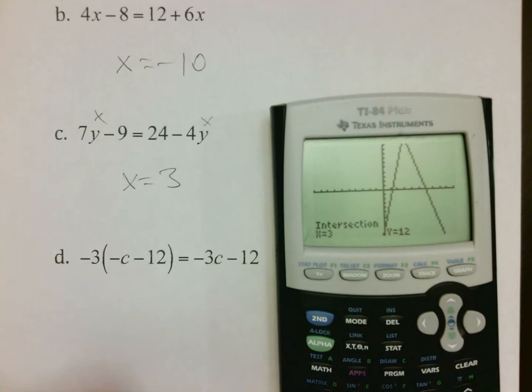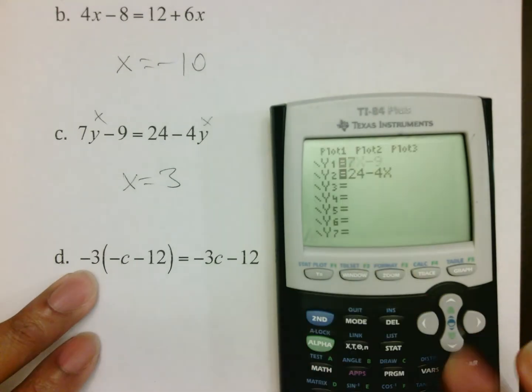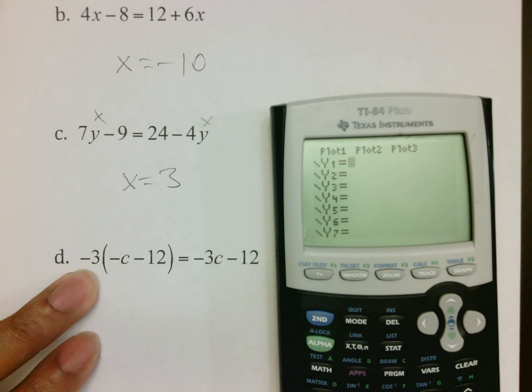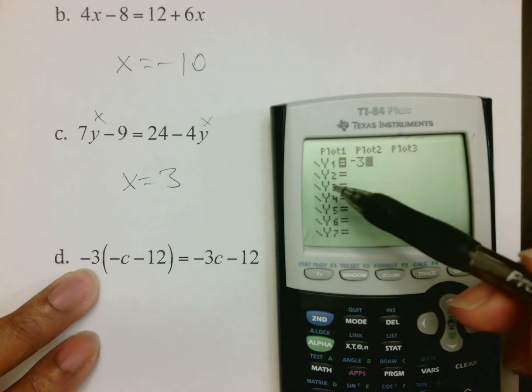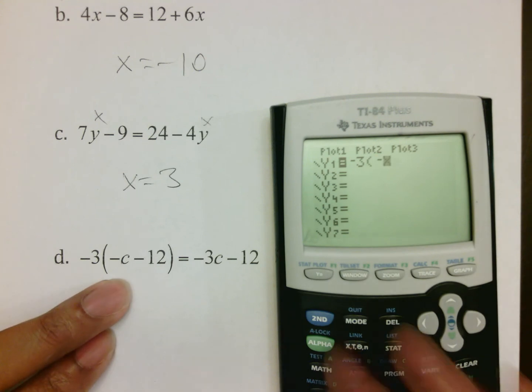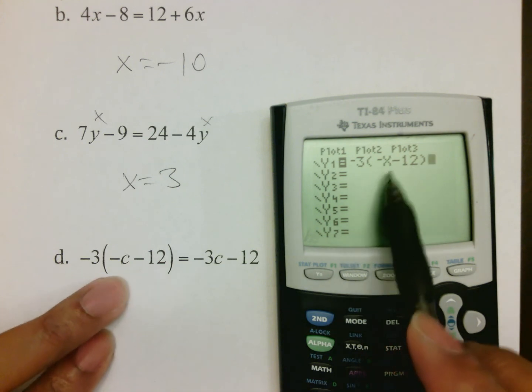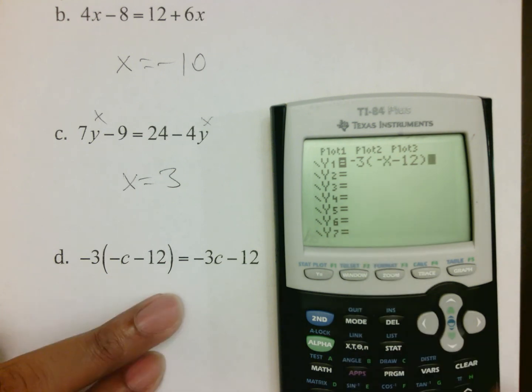Even in an ugly quick problem like D, we again just go ahead and type in exactly what we see, like I've always taught you. Negative 3, that is not a minus, that is a negative 3. So use the negative button, parentheses, negative c, which we're going to use x, minus 12. Close your parentheses. Type exactly what you see, except for the fact that our variables are all x's.